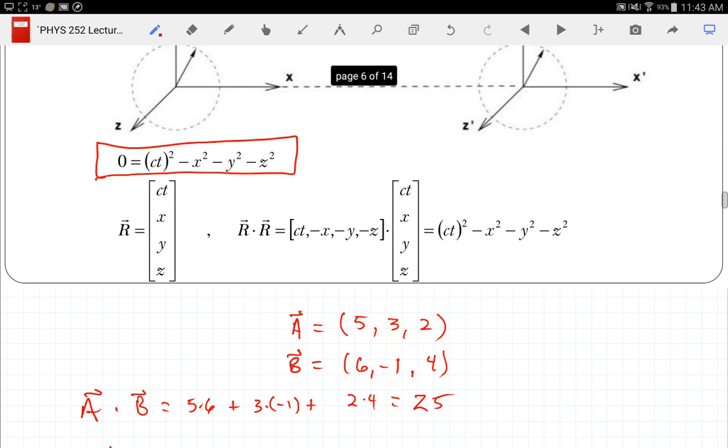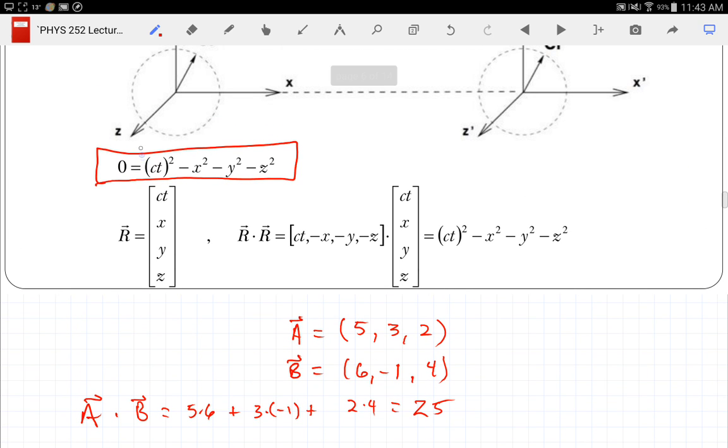The reason is because we have a plus sign here and minus signs there, and we have to have something to account for that. There are different mathematical ways of accounting for it, and one is just to define an inner product for 4 vectors. Right, so it's not the standard inner product, it's the one for 4 vectors.